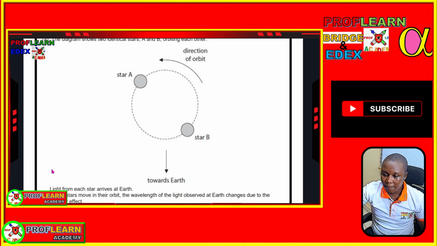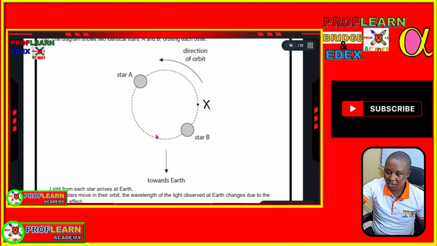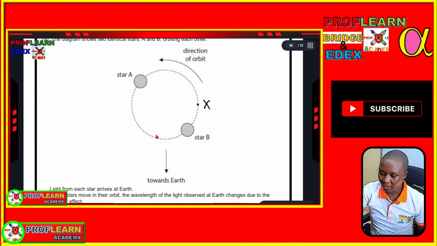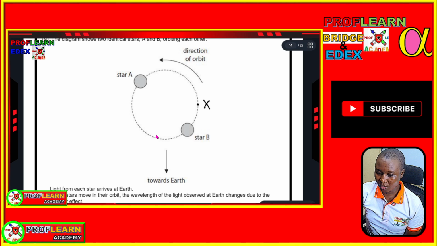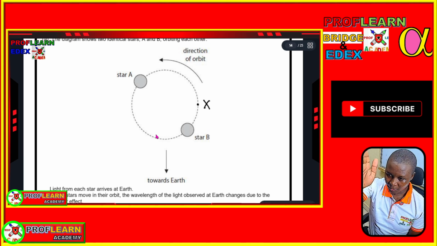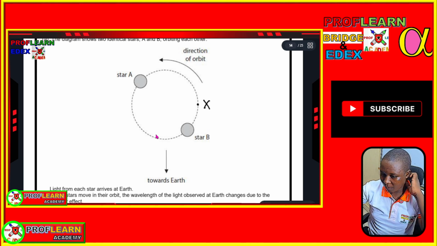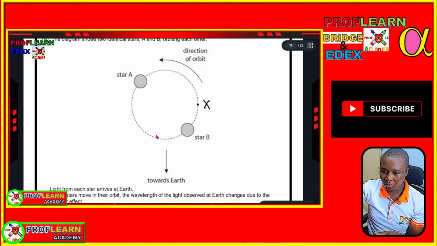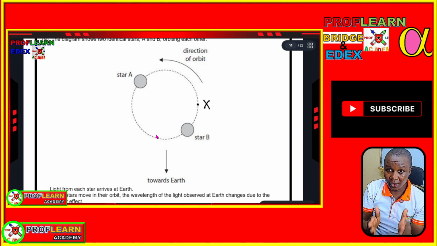We are asked to identify the region where the star will be. Because the star is rotating in that orbit, we're supposed to identify where the star will be showing maximum wavelength. It will be showing maximum wavelength at point X when it's going in that particular direction away from the observer. At point A, when it's going this way, it will display a blue shift because it will be approaching the Earth.